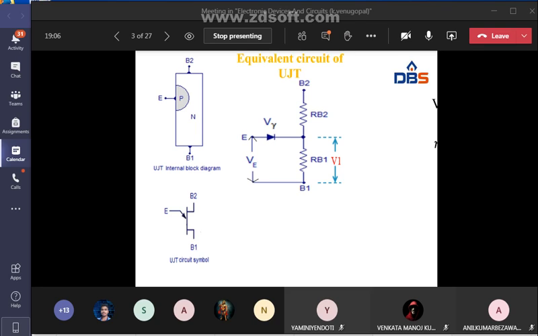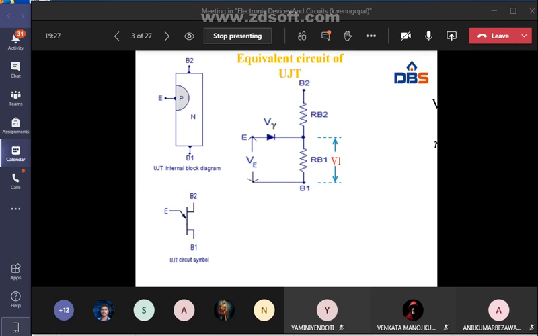Here the emitter is connected to the P-type layer, and base 1 and base 2 are connected to the N-type layer. If you see the internal block diagram of UJT, it has 2 layers, one N-type and another P-type.